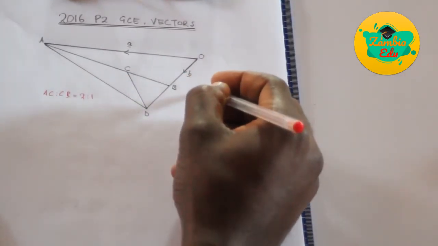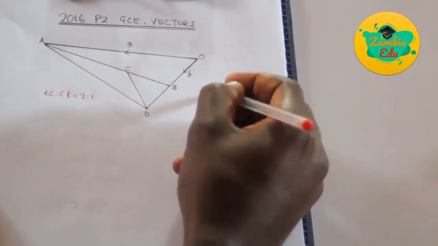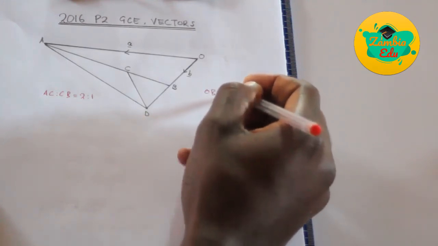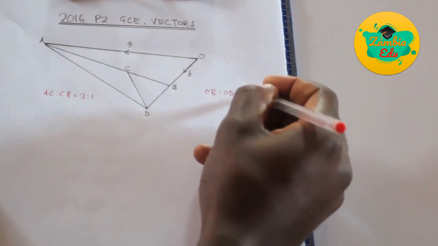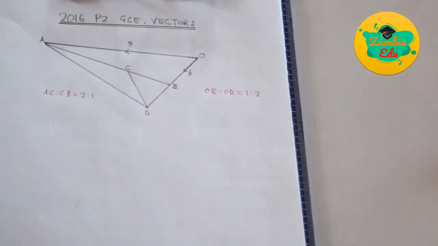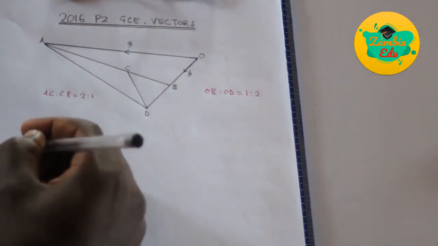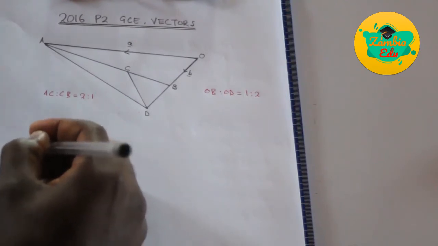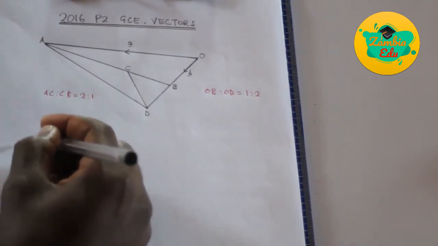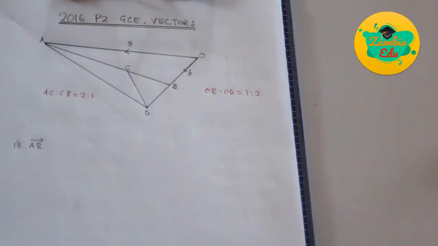And we've also been told that OB to OD is equal to the ratio 1 to 2. So now we are finding the first one: find vector AB. That's what we've been asked to find.